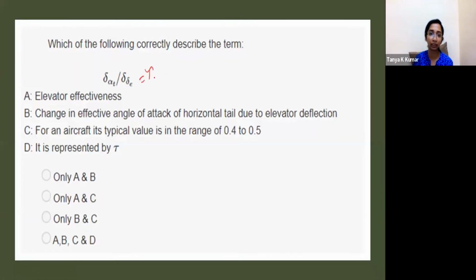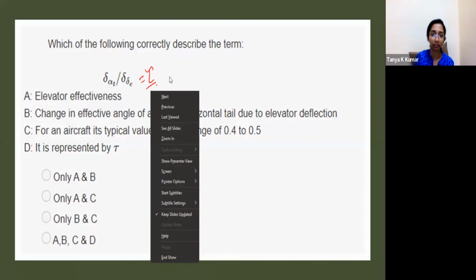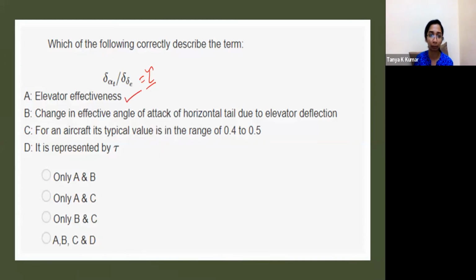This is the term we refer to as tau, right? That is the elevator effectiveness parameter, right? So it is the elevator effectiveness parameter. The change in effective angle of attack of horizontal tail due to elevator deflection. Yes, that is delta alpha T by delta E.